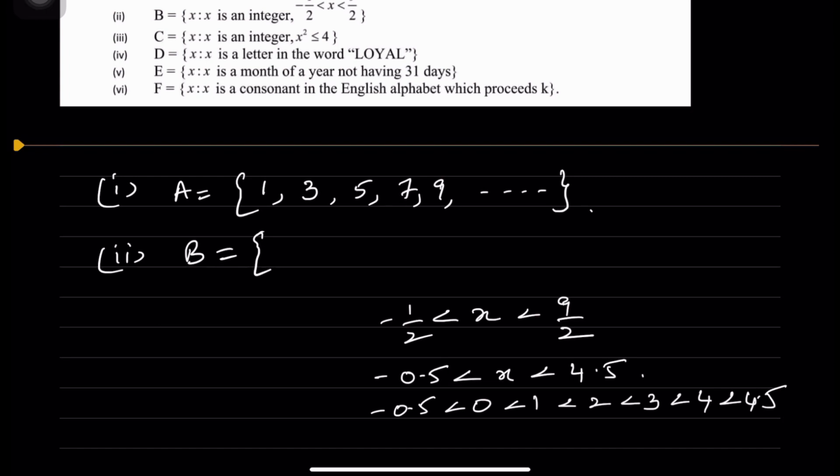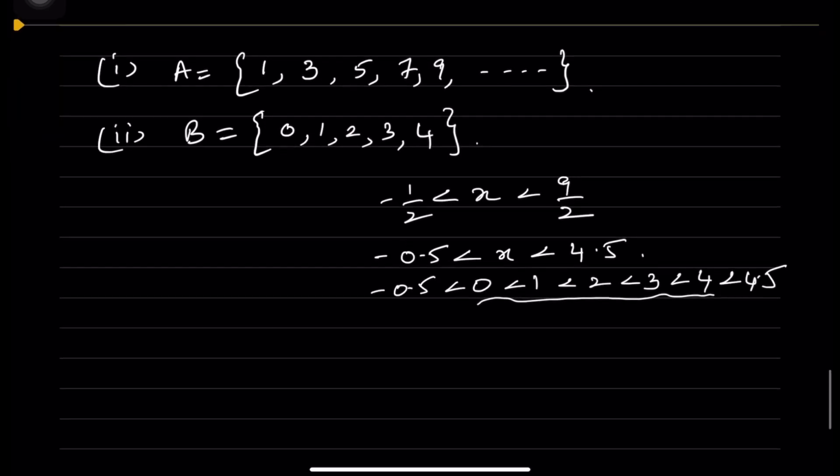So we have to search for integers. You know that it doesn't consist of 0.5 terms, that is decimal point terms. So therefore minus 0.5 is less than x less than 4.5. So these are the integers between these numbers. So you can write here 0, 1, 2, 3 and 4. This is the set which is defined over there.